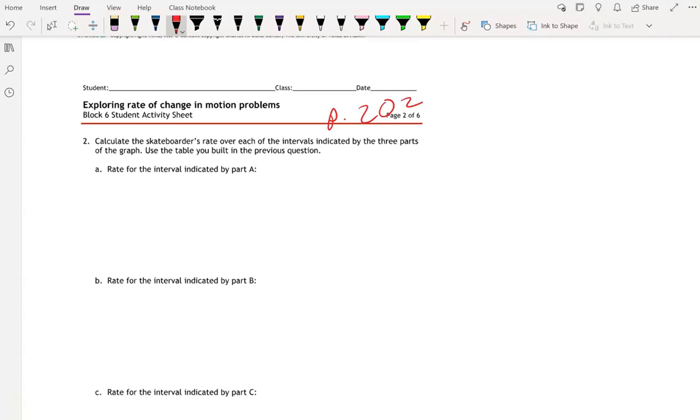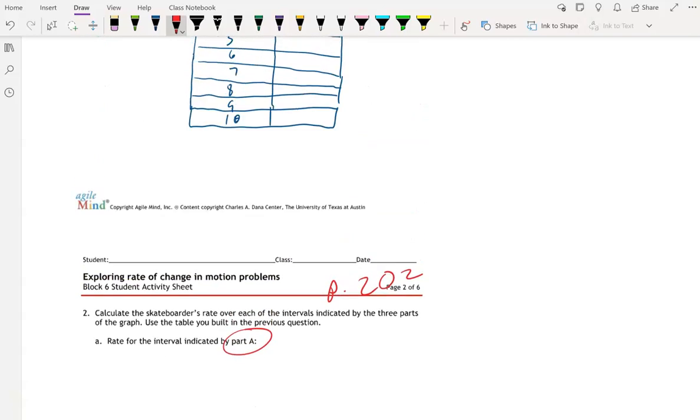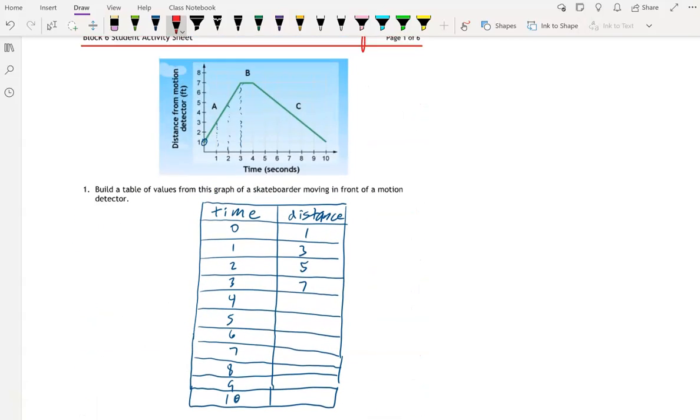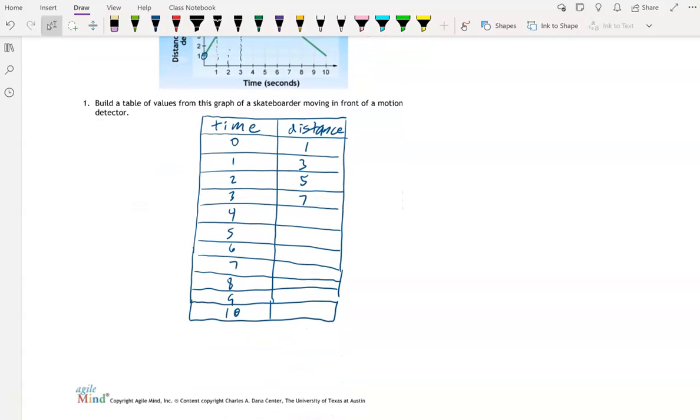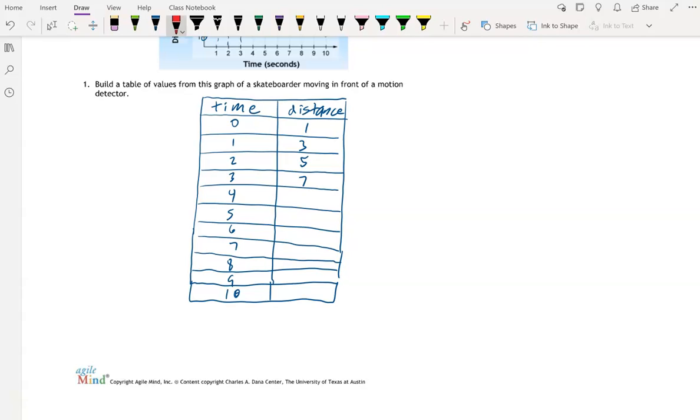So, the rate for the interval indicated by part A. If we go back up to part A, it was from 0 to 3 seconds. 0 to 3 seconds. How much time passed? Well, 3 seconds passed.